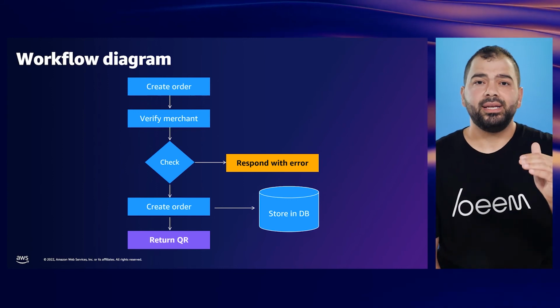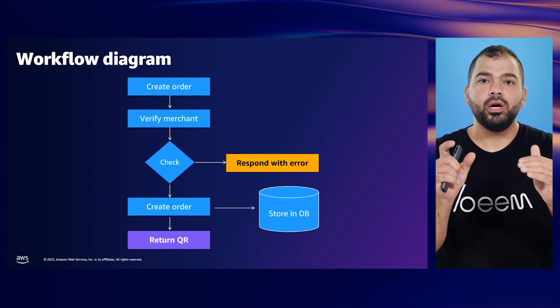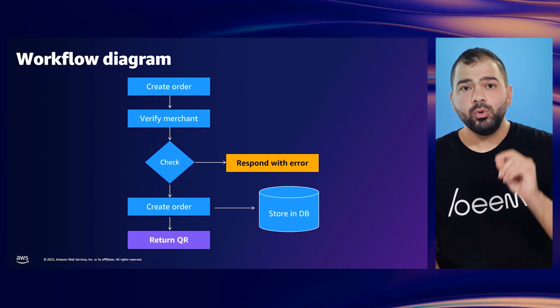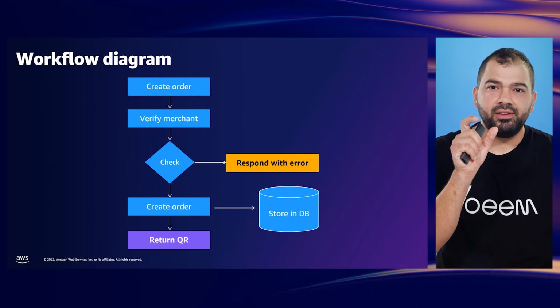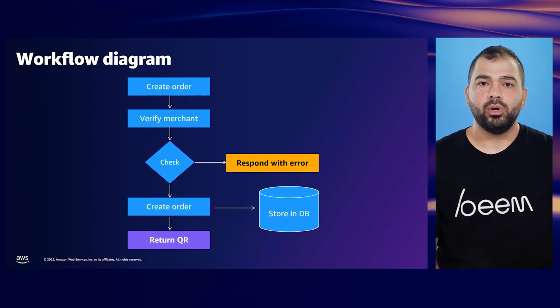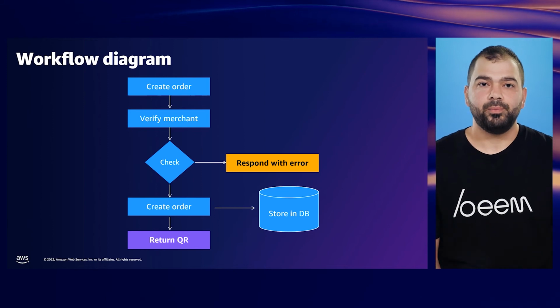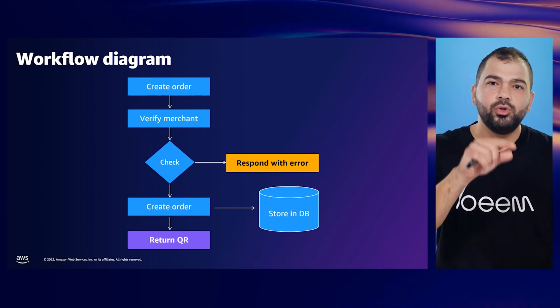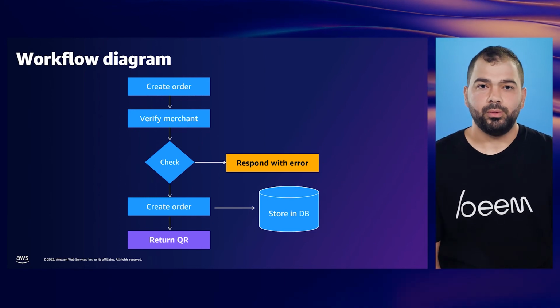An order is then created with a unique QR code and sent back to the client. The reason we broke it like that is because the verify merchant is a code that we use in every single API call across the entire platform. By creating it as a separate service, we get to reuse it in multiple workflows.